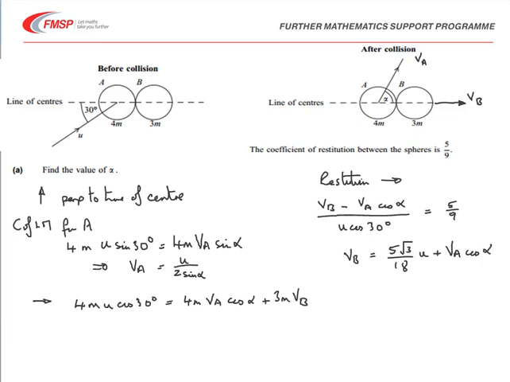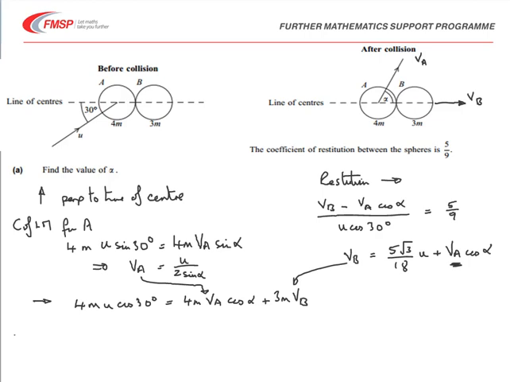So what we can now do is to substitute into the equation at the bottom, this conservation of momentum. So we're going to substitute VA into here and VB into here. We'll also need, of course, that the second one has also got an expression for VA in it.